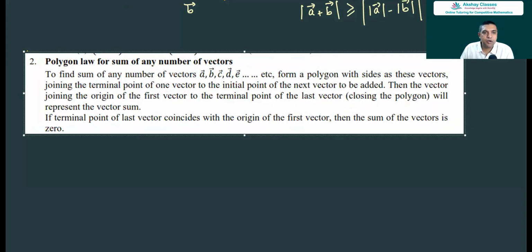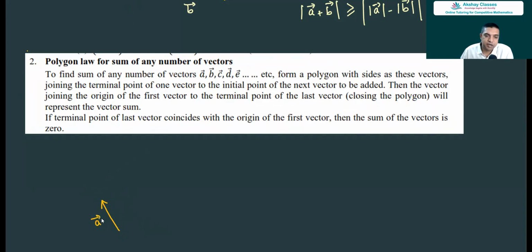Now in the polygon law, suppose we need to find the sum of a number of vectors, let's say five vectors a, b, c, d, e. So let's say this is a. Now we will just draw all in a sequence.